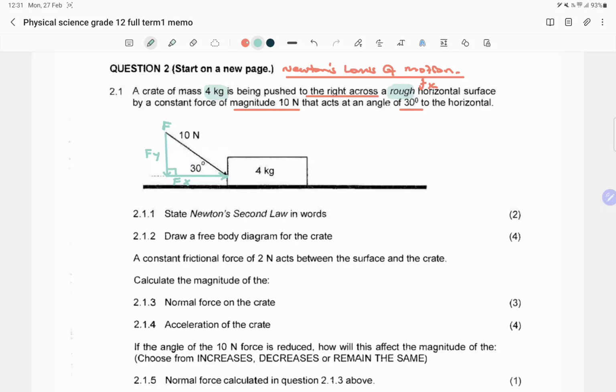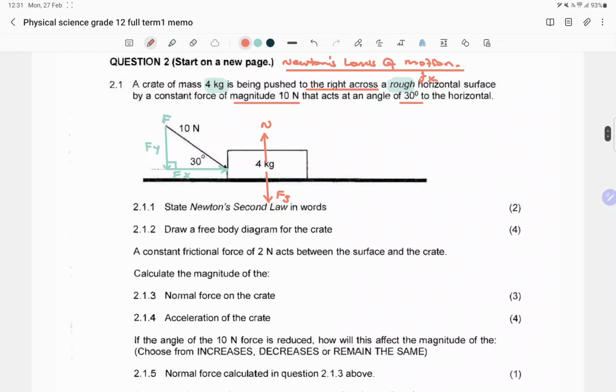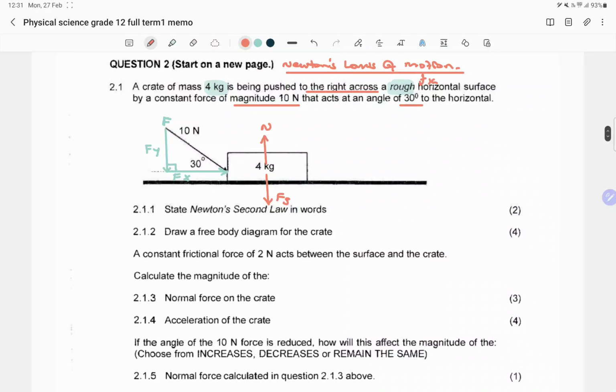And then, of course, in this object, we still have our weight straight down, and then we're going to have our normal force straight up. At the moment, I'm not really interested in proportions. I'm just interested in the direction and the name of the force involved.